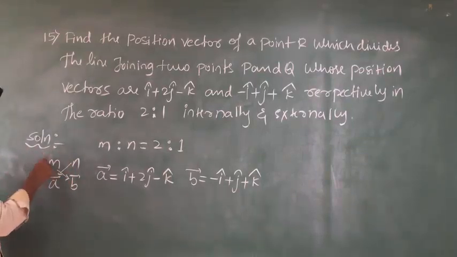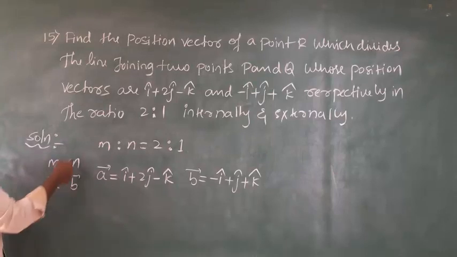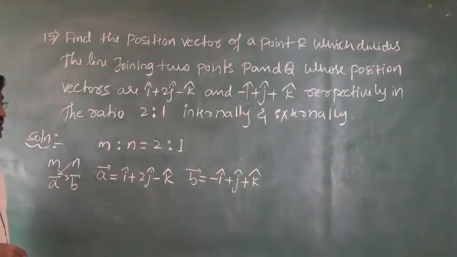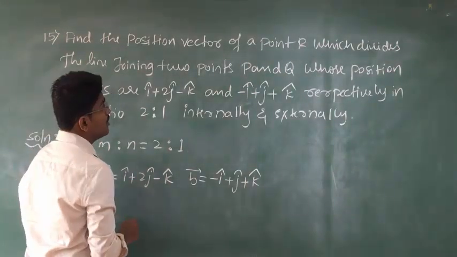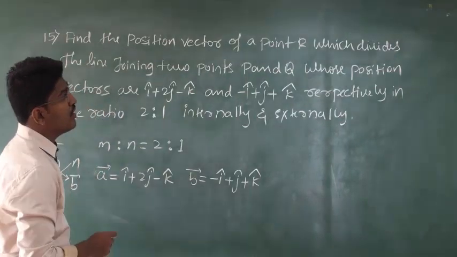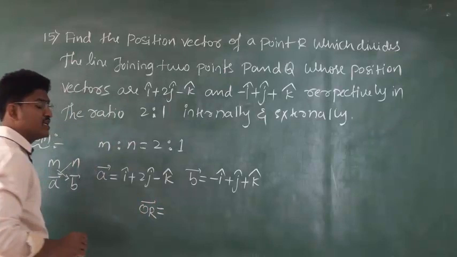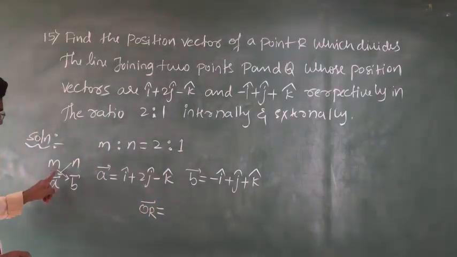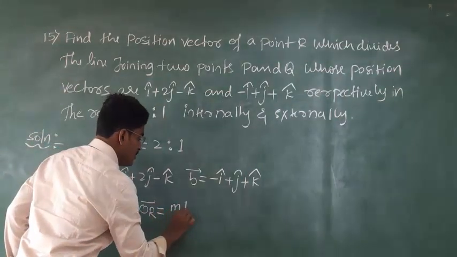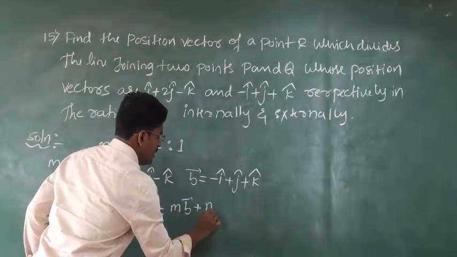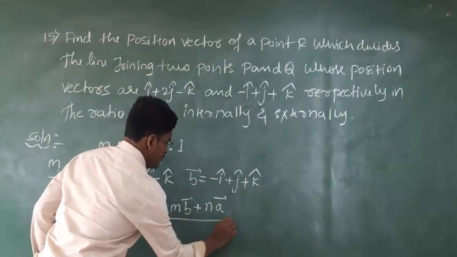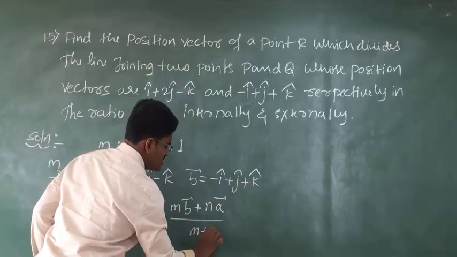That's cross multiplication. That is nothing but position vector r. So vector OR is equal to m vector b plus n vector a divided by m plus n.